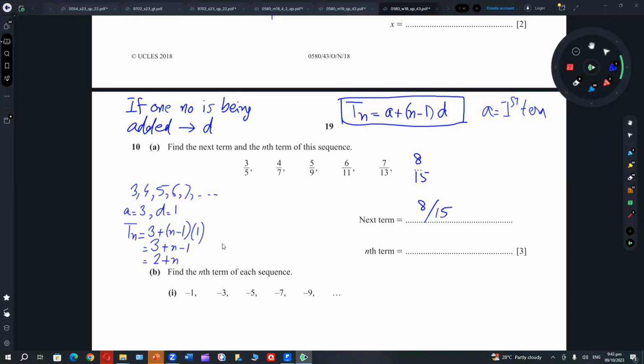This is the formula for the numerator. This formula can be applied only when one number is being added or subtracted.